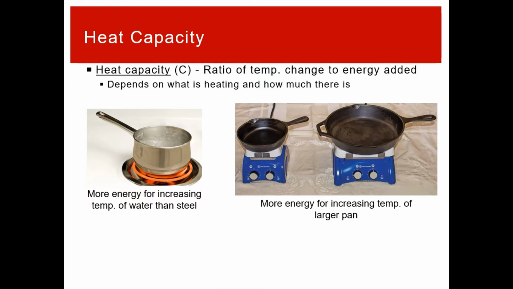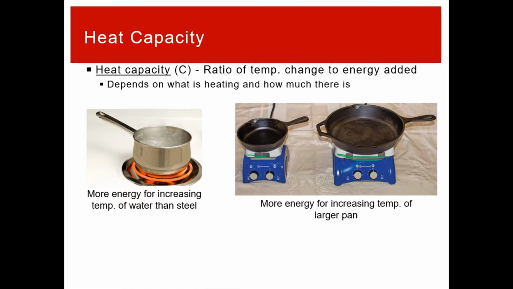Just because you put energy in doesn't mean the temperature will always go up by the same amount for different objects. It's going to depend on what you're heating and how much there is. Qualitatively it makes sense that if you have a little pot, it's easier to heat that up, whereas a big pan is going to be relatively more difficult to heat, just because there's more of the pan to heat up.